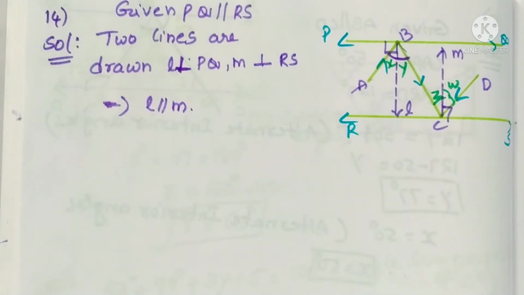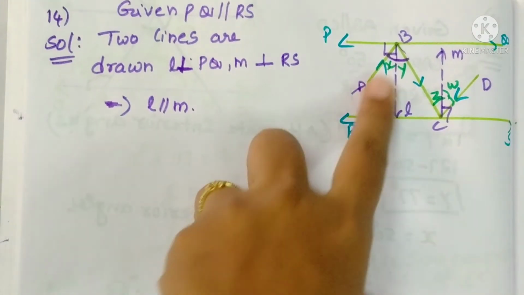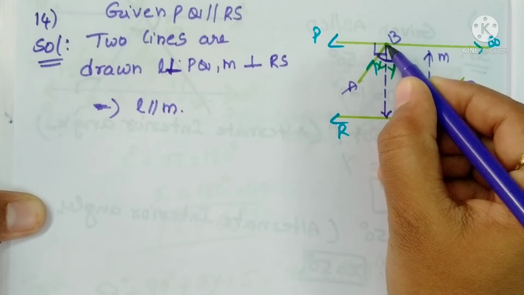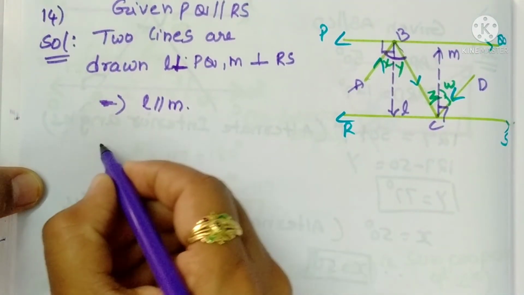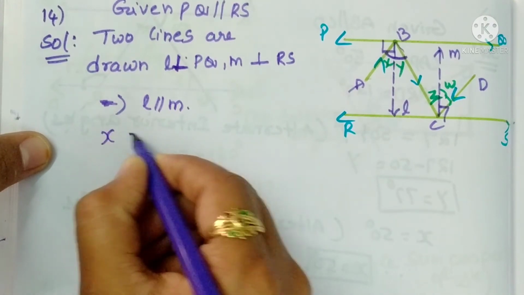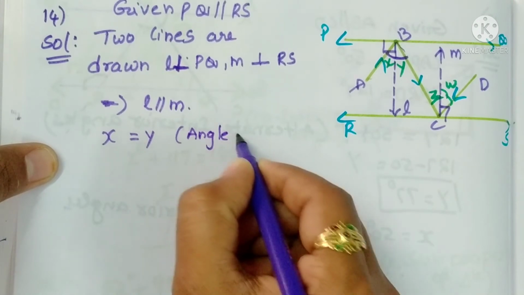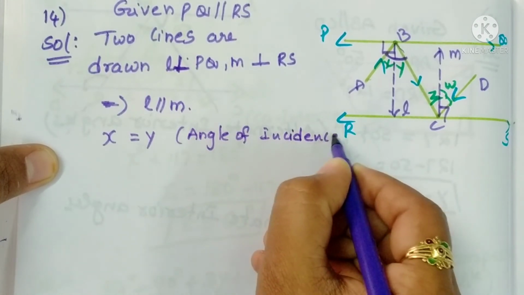Okay, now here these two lines are parallel and angle of incidence is equal to angle of reflection. So here x is the angle of incidence and y is the angle of reflection, right? So we can write x is equal to y. What is the reason? Angle of incidence is equal to angle of reflection.